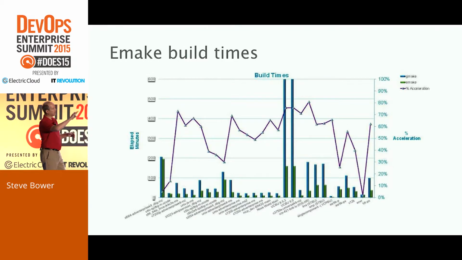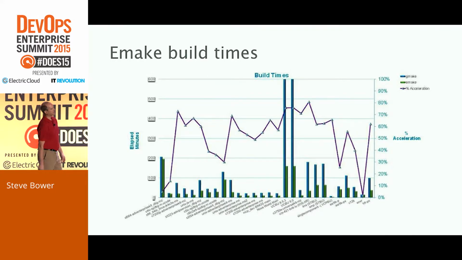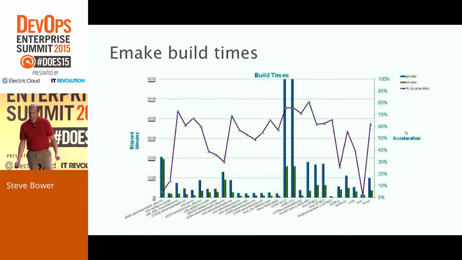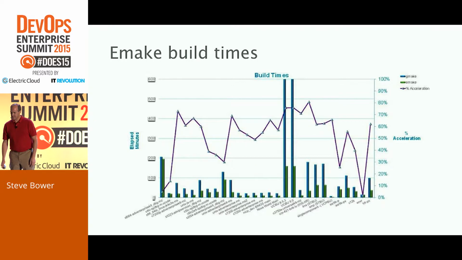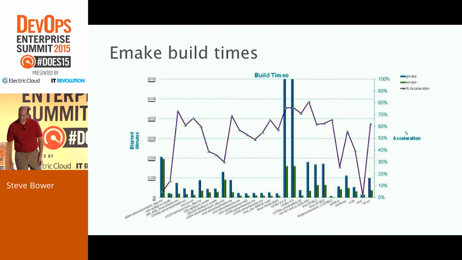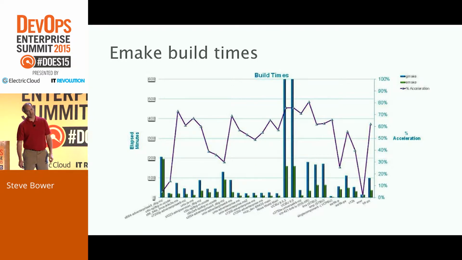But over time, we got much better results. That really big pair of columns near the middle are 10-hour builds that went down to about 2.5 hours or so. I can't even read the label to say, oh, that was UCBU. That was a call center piece of software, I believe.